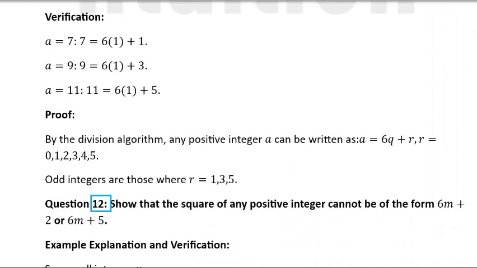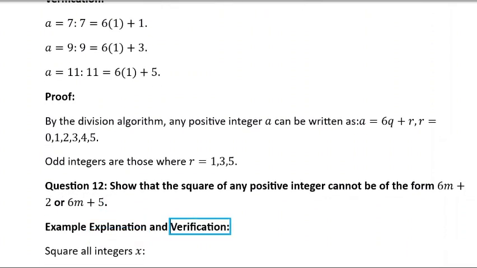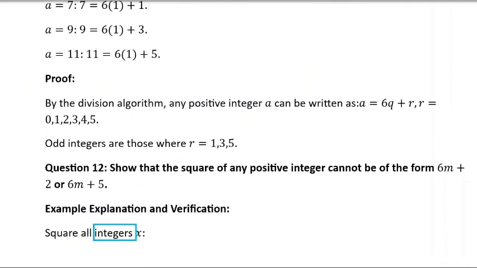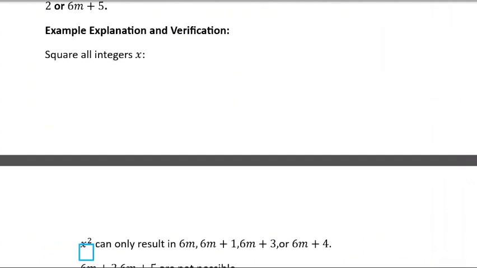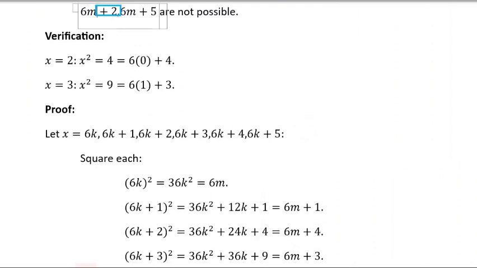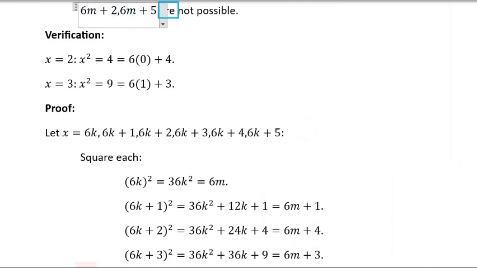Question 12. Show that the square of any positive integer cannot be of the form 6m plus 2 or 6m plus 5. Example, explanation and verification. Square all integers x. X squared can only result in 6m, 6m plus 1, 6m plus 3 or 6m plus 4. 6m plus 2, 6m plus 5 are not possible.